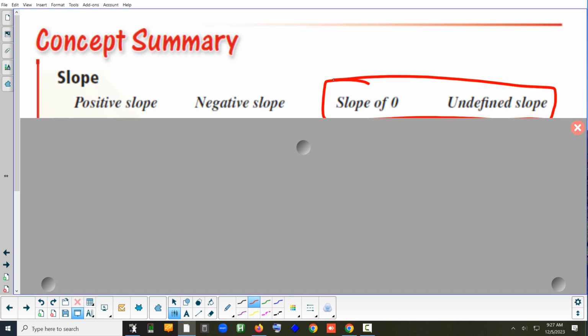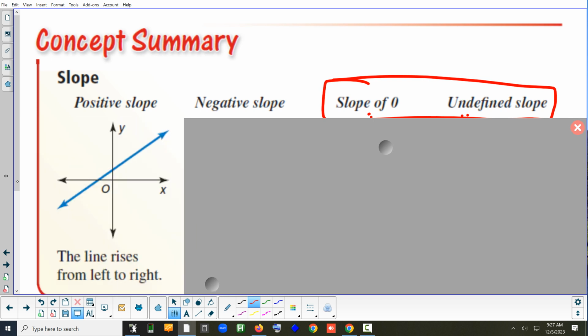What kind of lines did we have yesterday that were special cases? One of them was a vertical line and horizontal. So those special cases we talked about yesterday are going to each be these. Vertical and horizontal lines are special cases. Positive and negative slope, those aren't special cases.